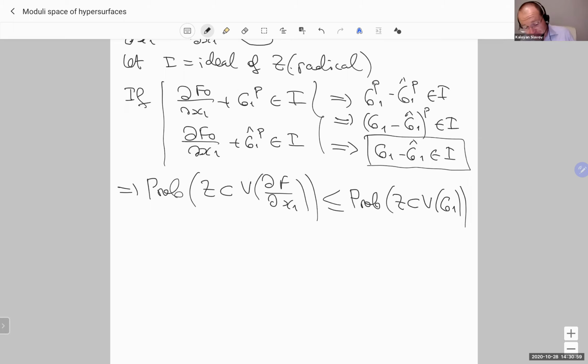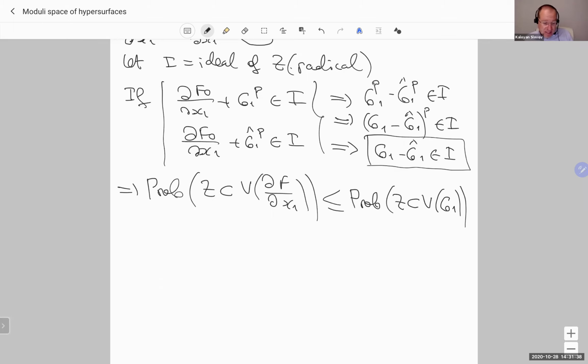That's because once you fix a G1 so that Z is contained in this vanishing of df/dx1, then for any other G1, call it G1 hat, the difference is in I. So you get a polynomial, an element of I, so that Z is contained in the vanishing of this G1.